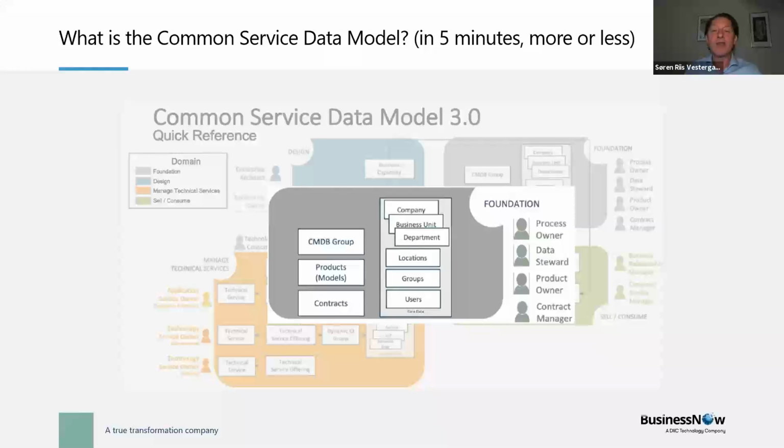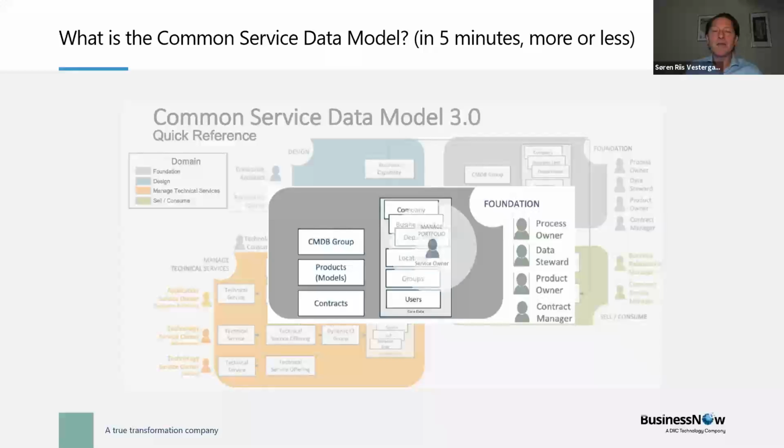So if the quality of the data here, company, business unit, department, location, groups, users, etc., is not good enough, then the knowledge and wisdom you can gain from the rest of the ServiceNow platform will be challenged. And we have a new role here, which I will return to, which is the data steward role.